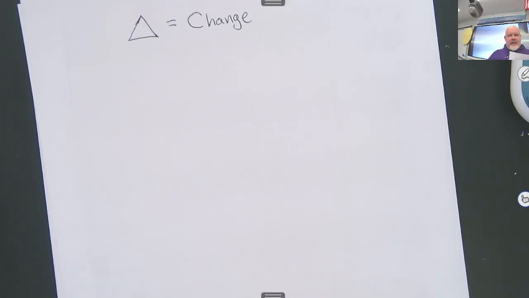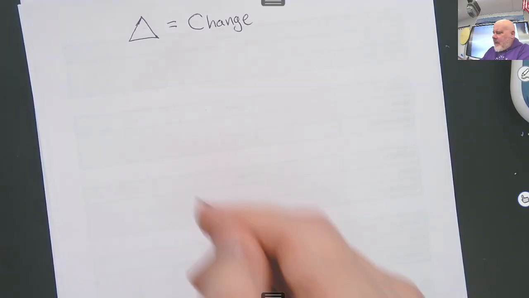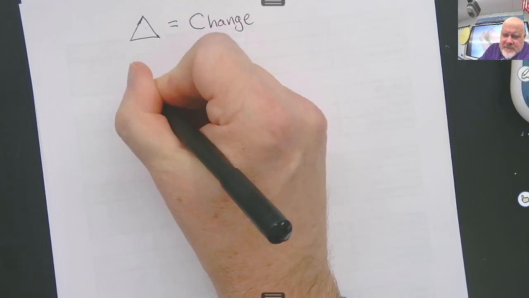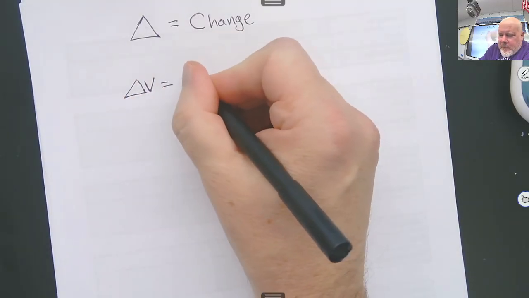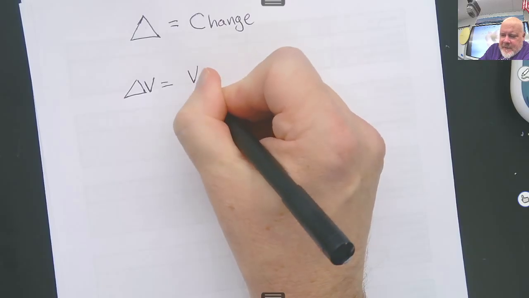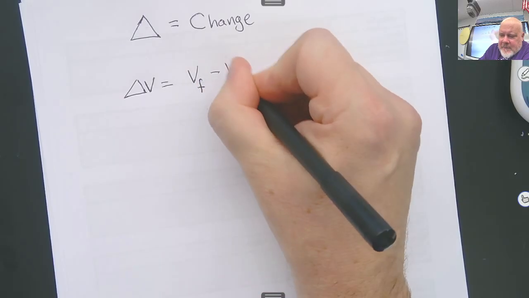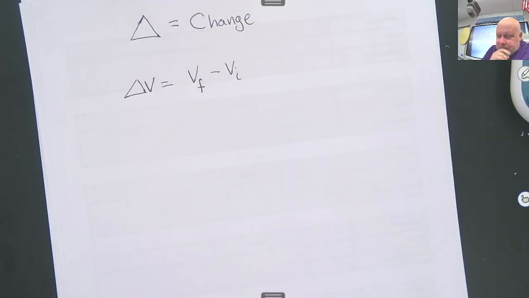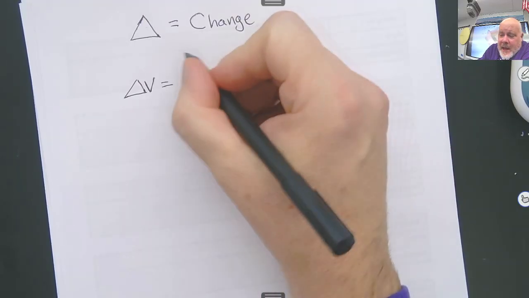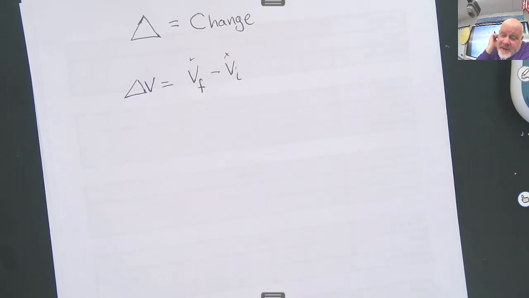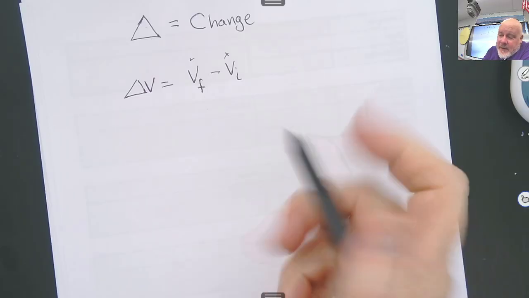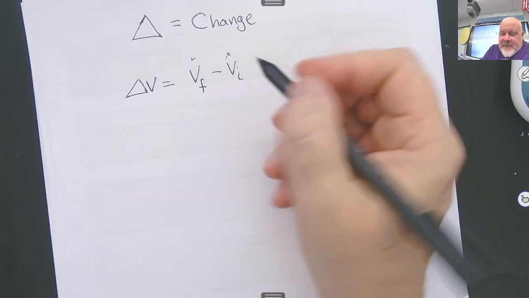All right, well, let's go back to our notes here. If I have change in velocity, delta V, equals velocity final minus velocity initial, I want to keep velocity final there, but I need to get rid of velocity initial. So how do I do that so I isolate this variable?